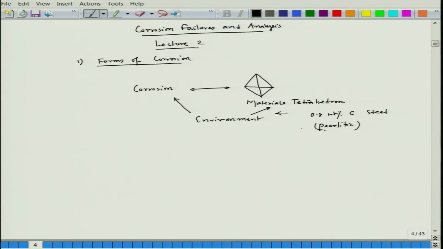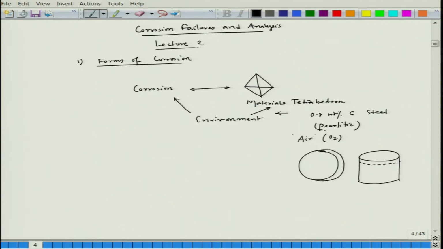Now, if you heat this particular steel in air, where we have oxygen, consider a cylindrical steel, and let us say you have cut a small disc, and this is that disc.